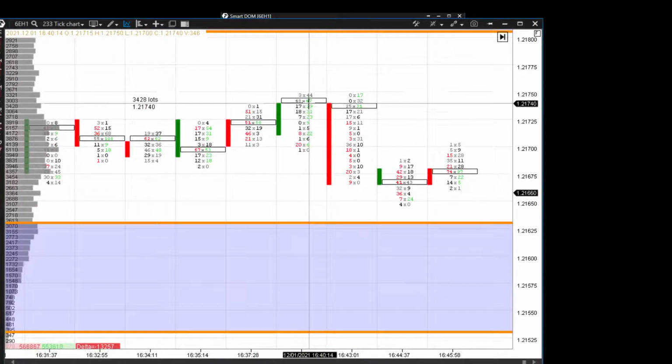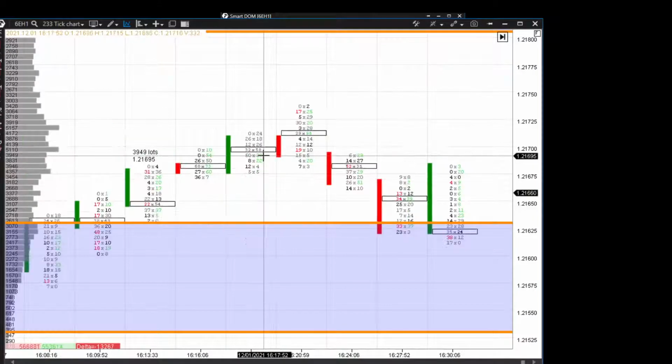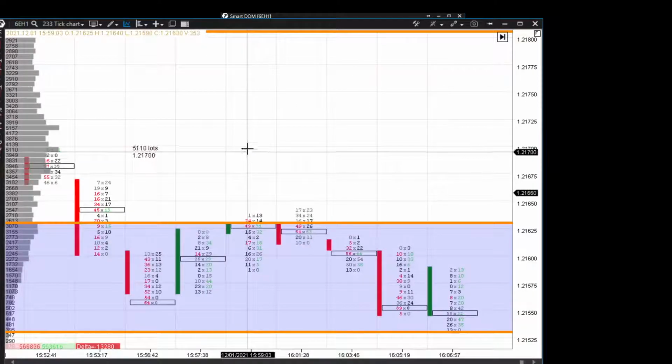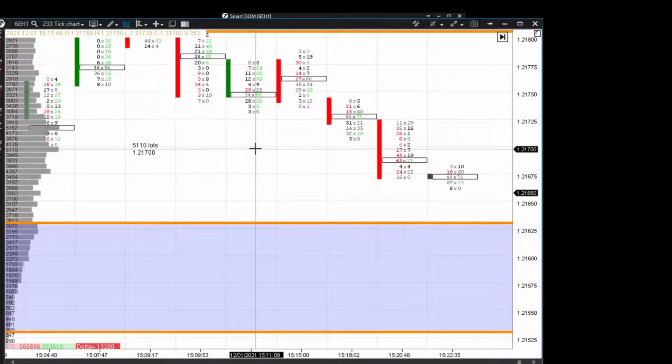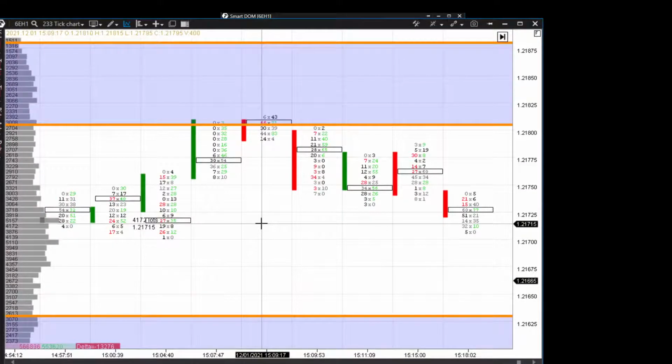You can see if you were buying or selling, how much you were buying or selling. Everything can be seen here. Okay, so one thing that is normally in the market are traps, and traps are something you can spot using the order flow. Let me just show you my chart.